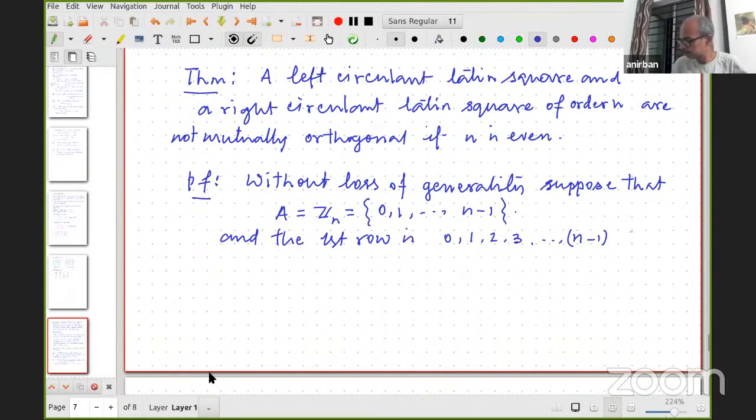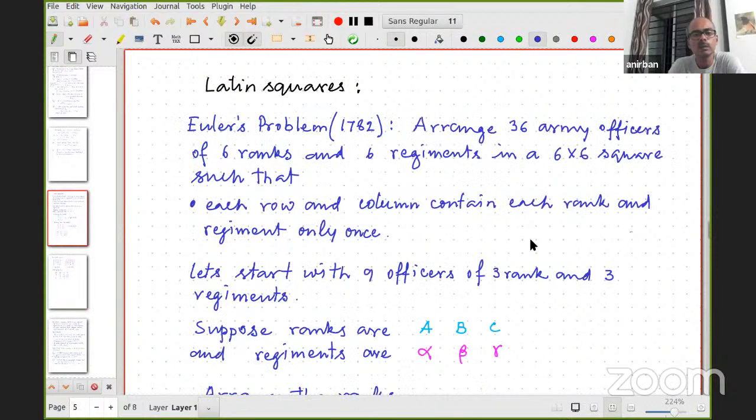Now let's fix notation. We have the first row. This is just the way we constructed those two Latin squares when we looked at the 3 cross 3 case, where we had A, B, C and alpha, beta, gamma. Think of them as 0, 1, 2 and 0, 1, 2. Let me go back to that.